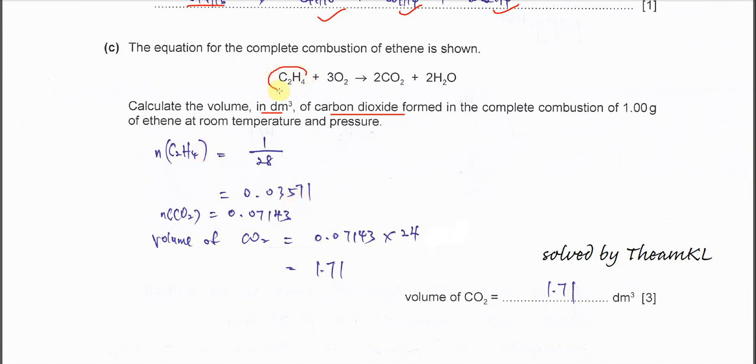Okay, this and CO2 is 1 to 2 mole ratio. That's why the mole of CO2 must be double. So now it's 0.07143. Okay, we need to use this mole of CO2 times the molar volume, we get 1.71. Because it says room temperature and pressure, you just use the molar volume.